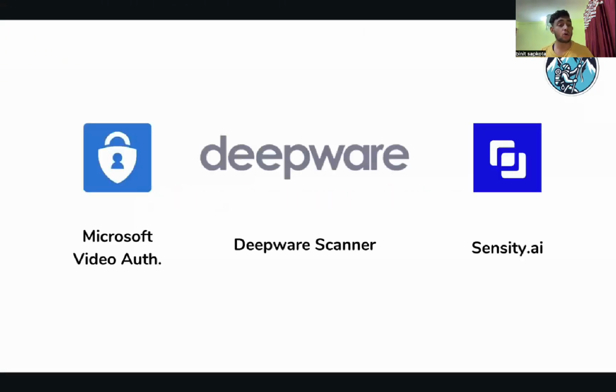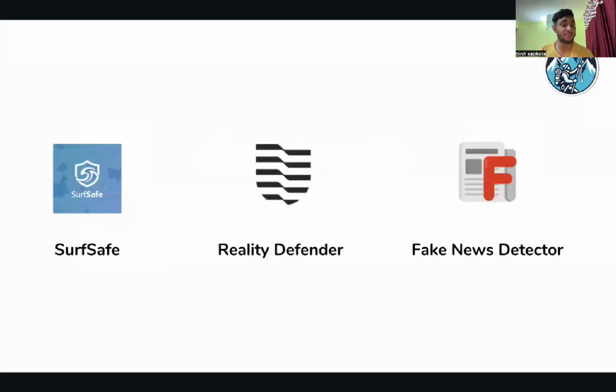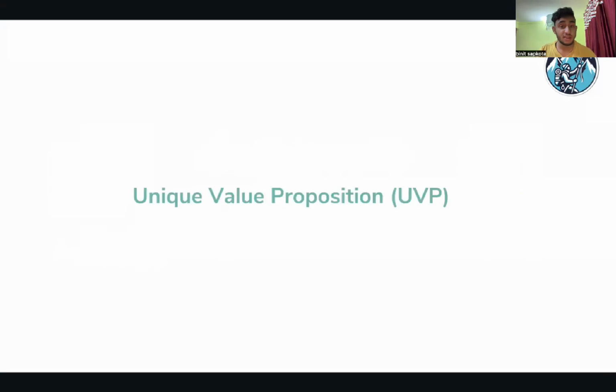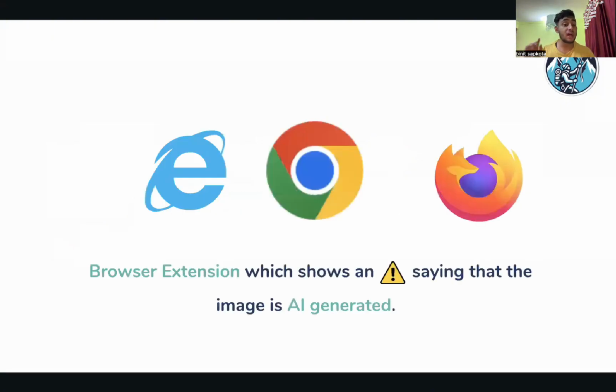Now, talking about our competitors who are currently working in this field, these are some of the companies: Sensity.ai, Deepware Scanner, Microsoft Video Authenticator, and then Reality Defender, Fake News Detector, and SurfSafe. Now, talking about what makes us completely different from our competitors: first of all, there are no browsers that classify or give the user a warning that the image is AI generated.